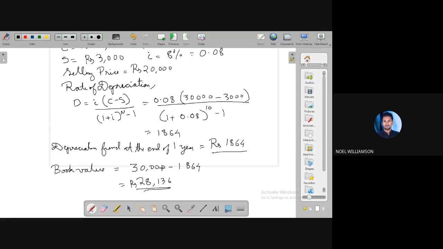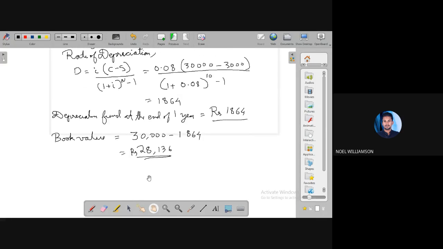For the cost we have incurred, the cost from our side is 28,136, but we are getting only 20,000 after selling. So whether it is a profit or loss? Ultimately it will be a loss.